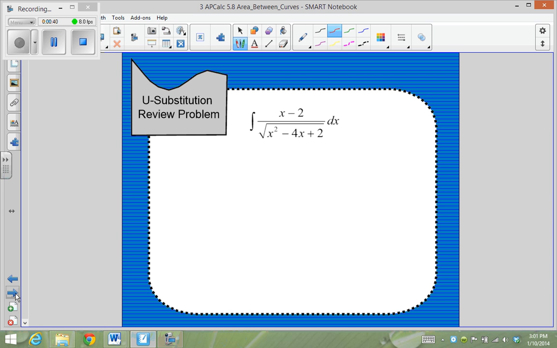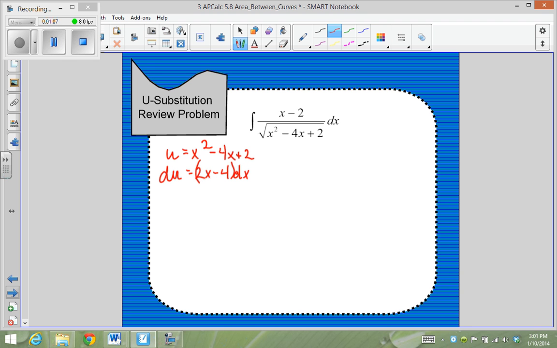Okay. First thing, we're going to review a U substitution problem. If you're looking at this one right here, then you should be able to recognize that your denominator is what you want to set U equal to. So therefore your du is 2x minus 4 dx. Okay.